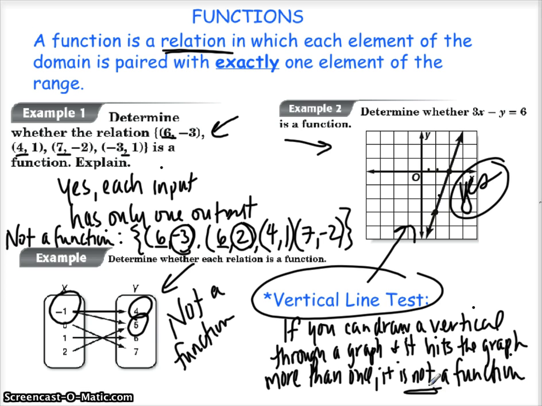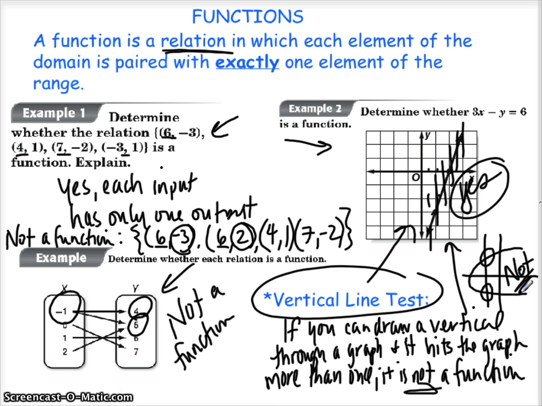Not a function, okay, if it hits the graph more than once. So this example up here, each vertical line hits the graph only once. All right, if you had, say, the graph that looks like this, it's a sideways parabola. If you draw a vertical line right there, boom, hits it twice, this is not a function. Okay, so that's what the vertical line test tells you.